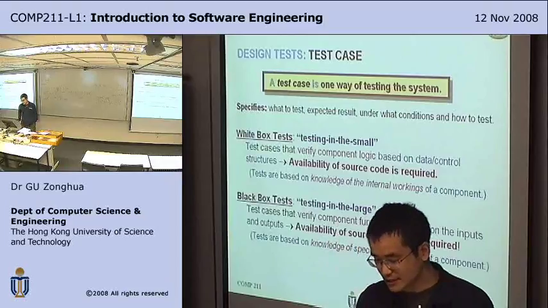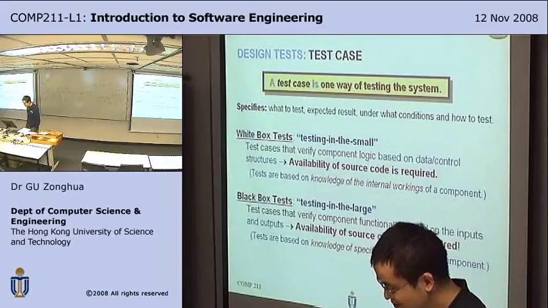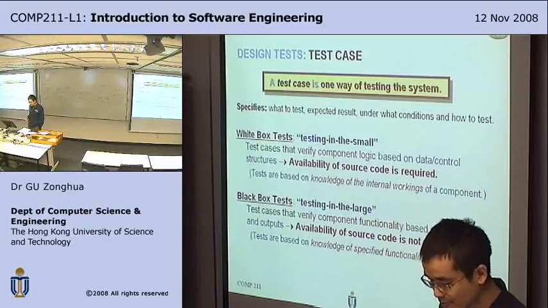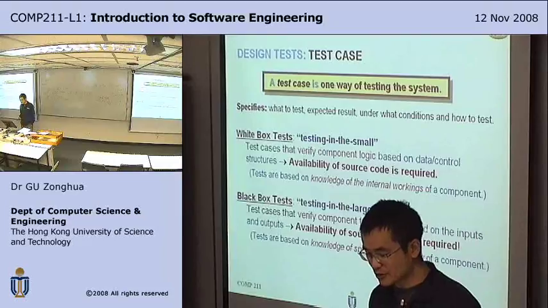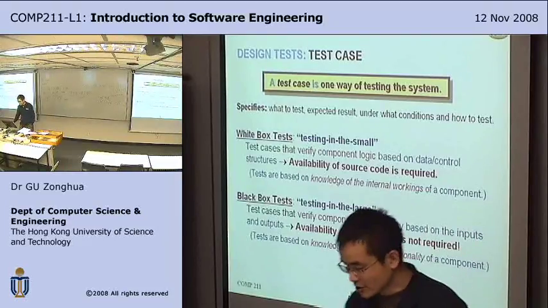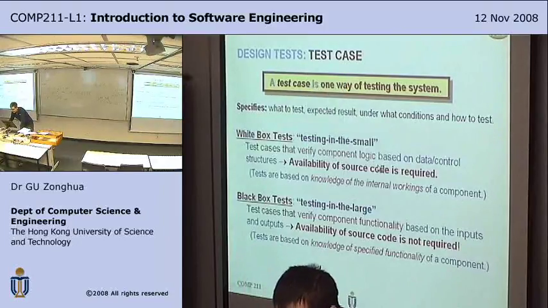Black box tests are so-called testing in the large. That is, they verify component functionality based on inputs and outputs only. Availability of source code is not required. So notice the difference here. The white box tests are testing the component logic, while black box tests are testing the functionality.